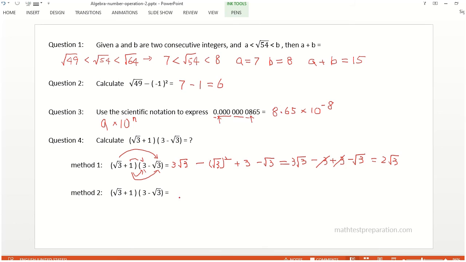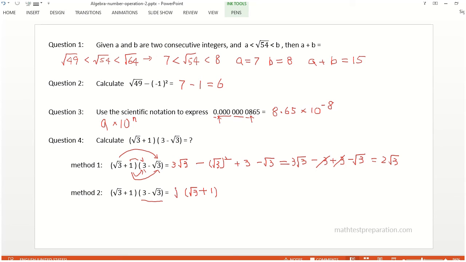Now we use method 2. Keep this term, square root 3 plus 1. The second part, there is a common factor which is square root 3.